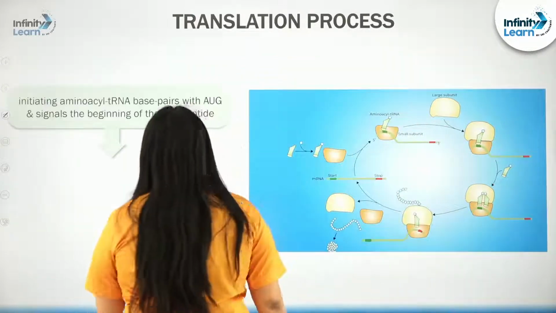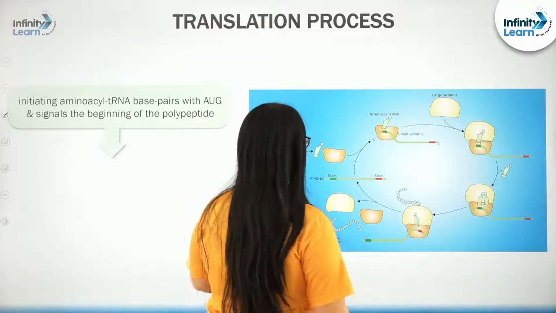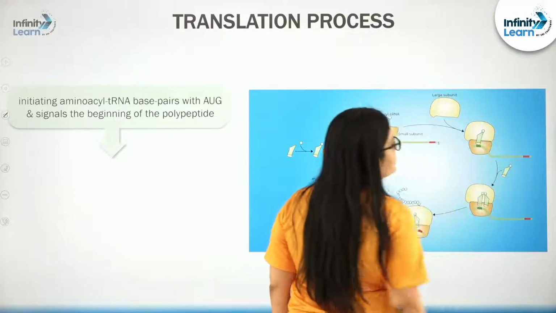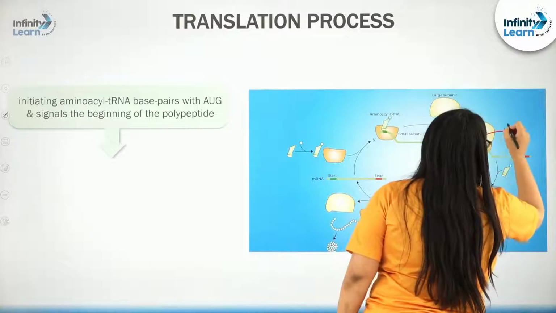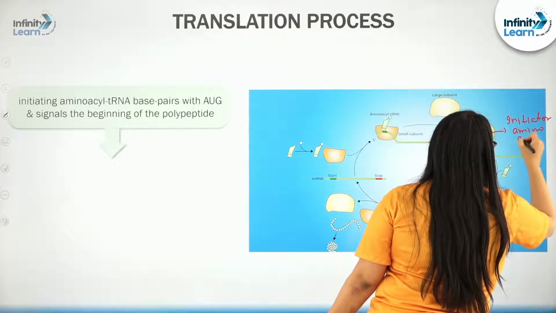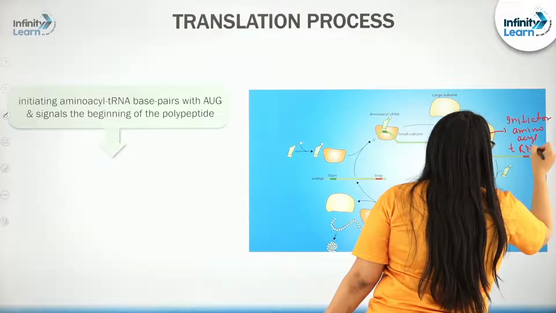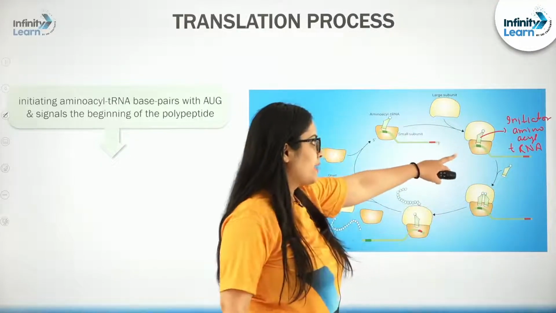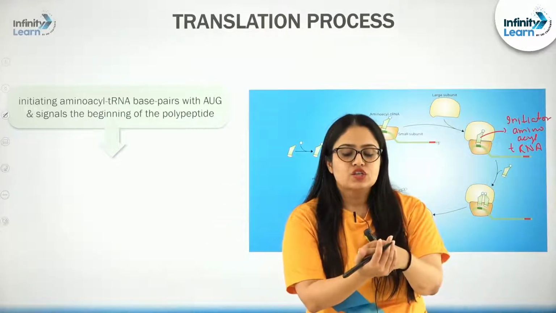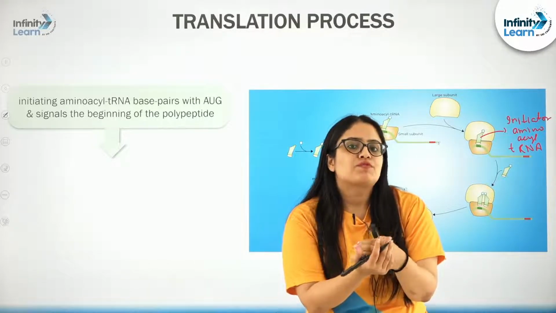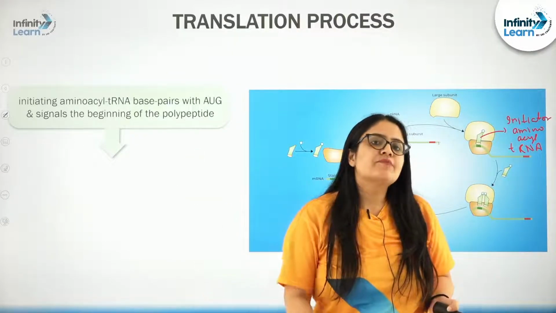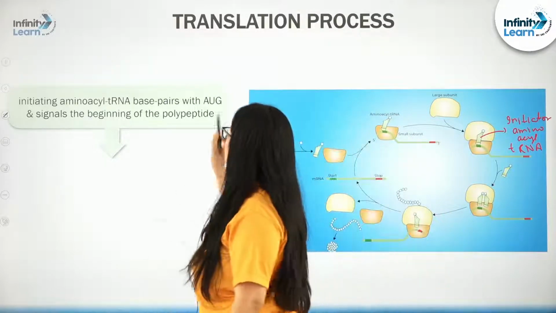Now, see my students, what is going to happen next? What is going to happen next is this initiator aminoacyl tRNA will bind to this mRNA with the help of the complementary base sequence, that is, it will bind to the initiator or the start codon, that is AUG, right students.